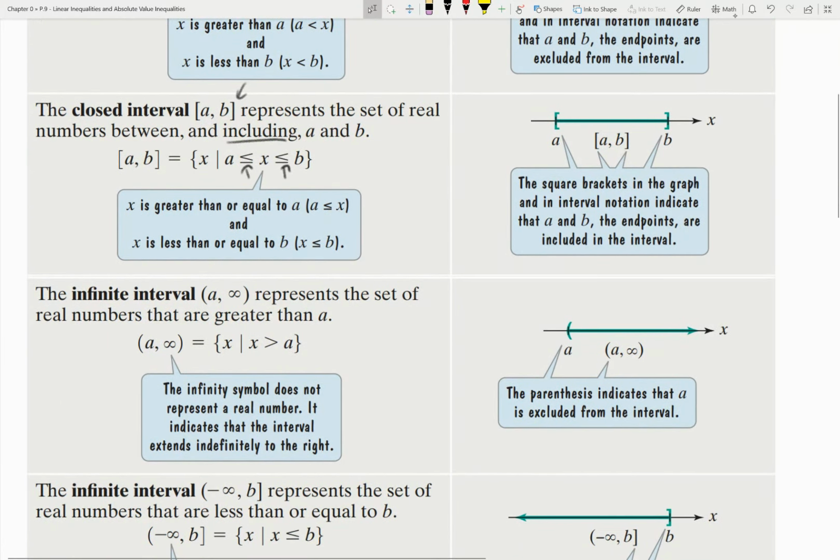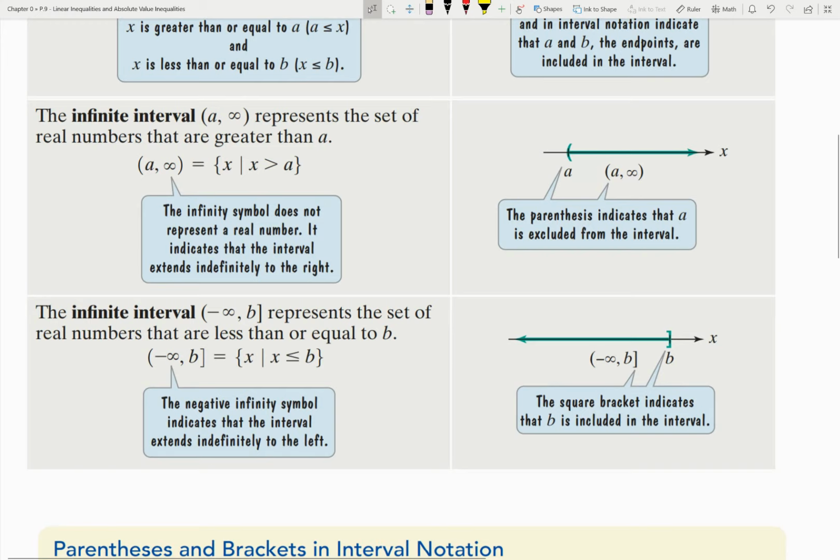And infinite intervals represent the set of real numbers greater than A or less than A, or greater than or equal to B, or less than or equal to B. So for my infinite interval, we are always going to have the infinity symbol. And the infinity symbol does not represent a real number. It just means that the line keeps on going.